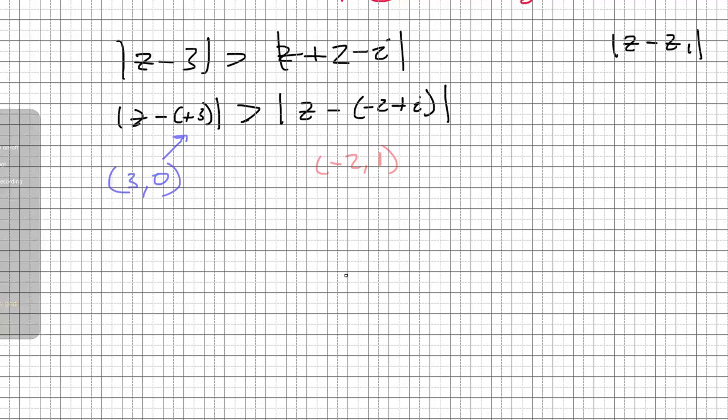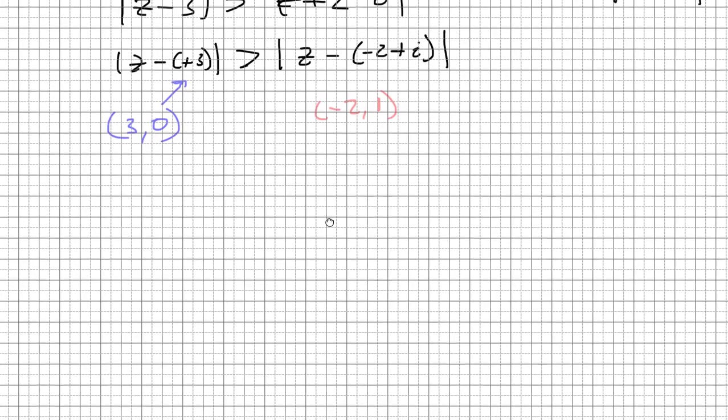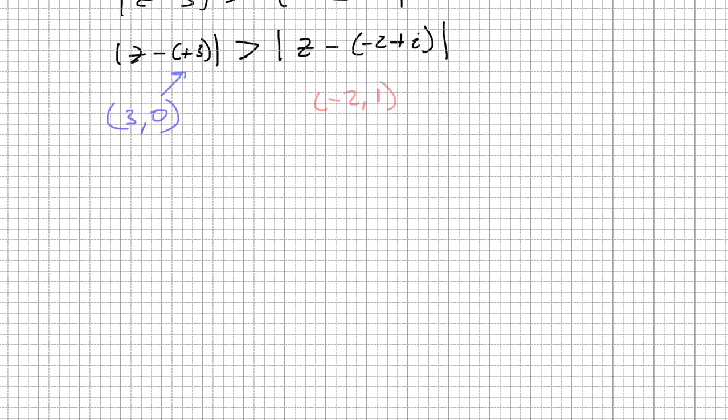So now if we get up a grid and look at graphing these points, let's grab some axes. If this is the real of z, or x, and this is the imaginary of z, or yi axis, then we can plot our two points.